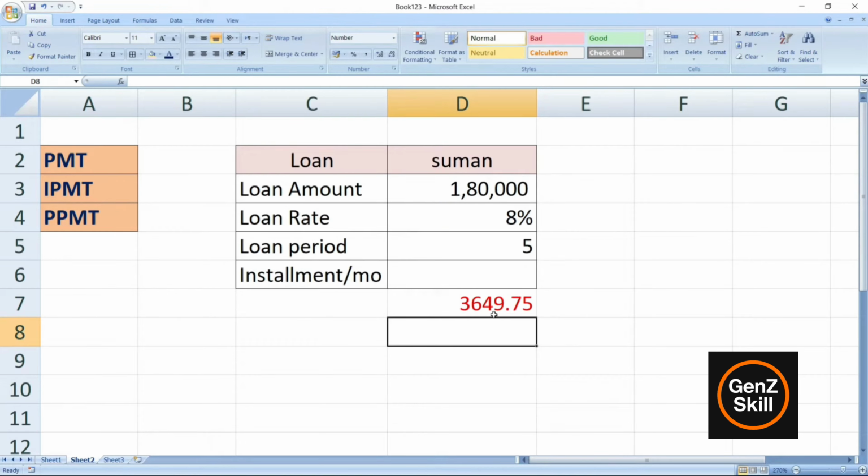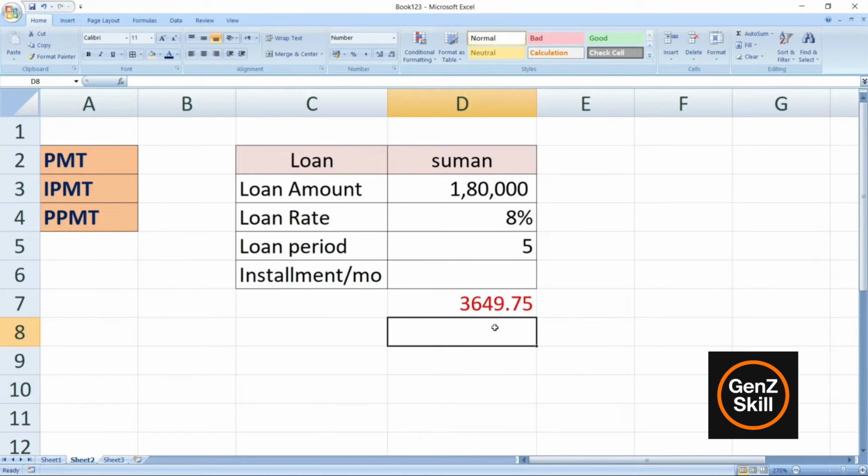Here when you enter in your Excel, in some cases an error occurs, in which case you have to enter the loan amount as negative, with a minus, then the answer will be okay.